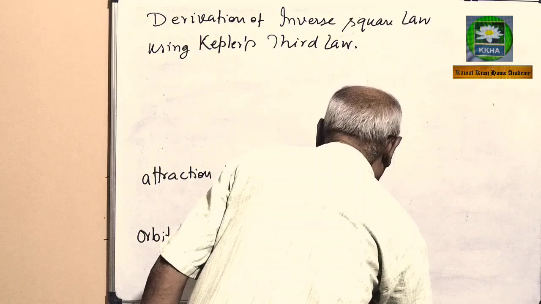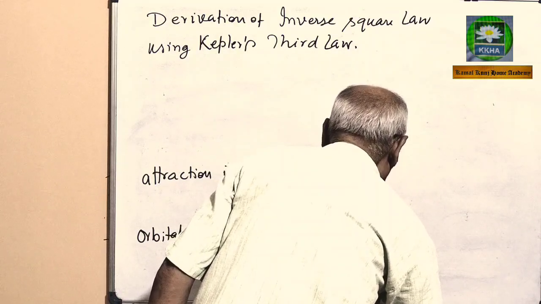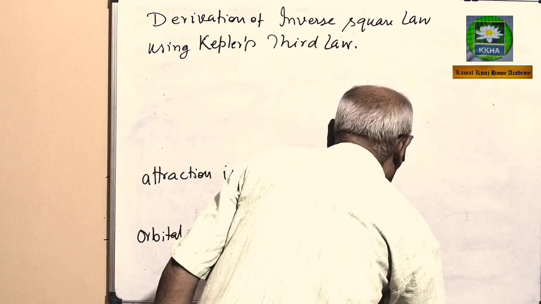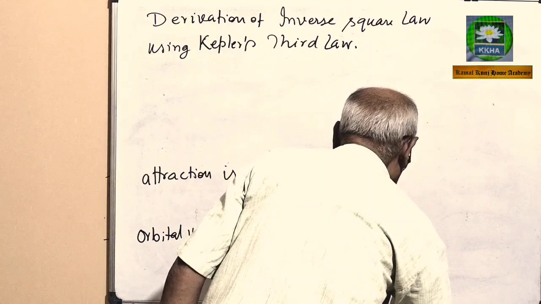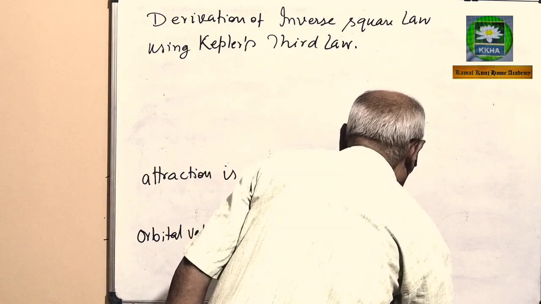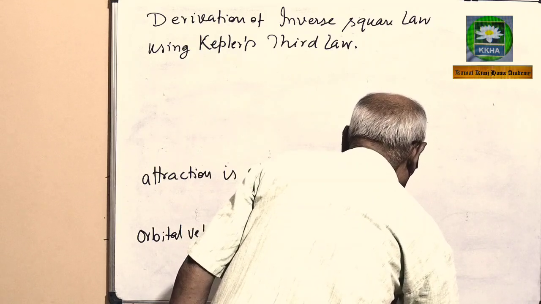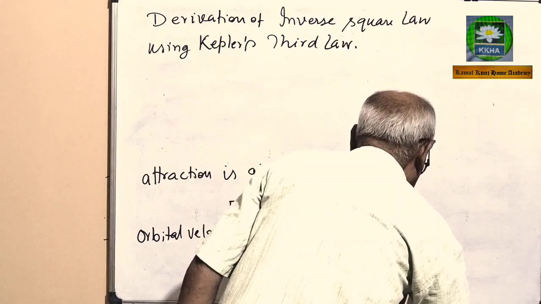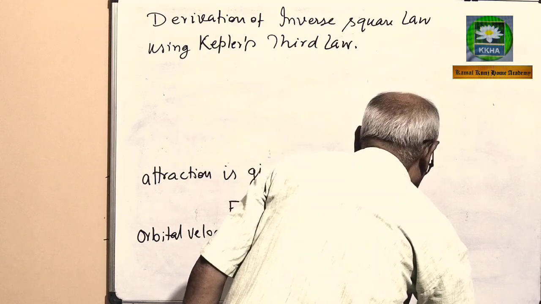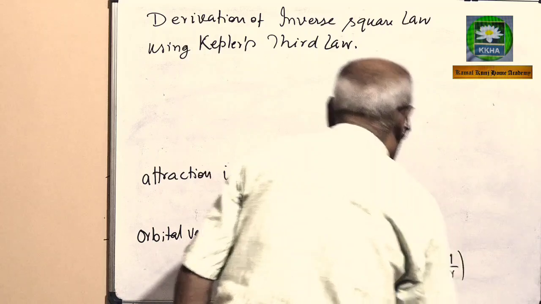This is equal to 4 pi square r cube upon t square into 1 upon r.